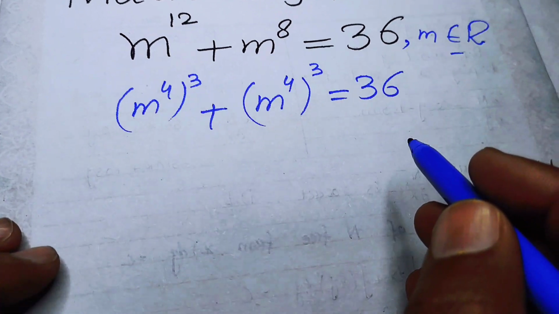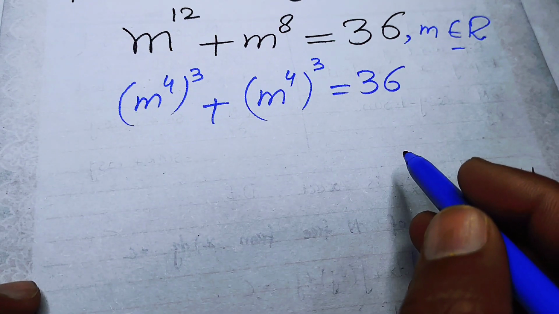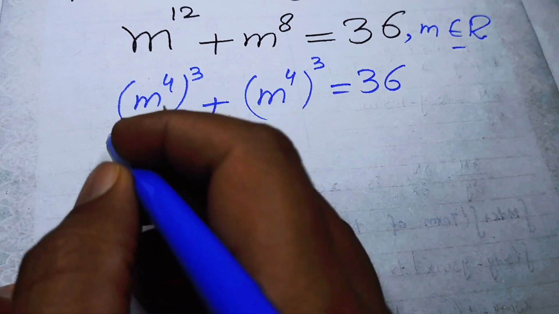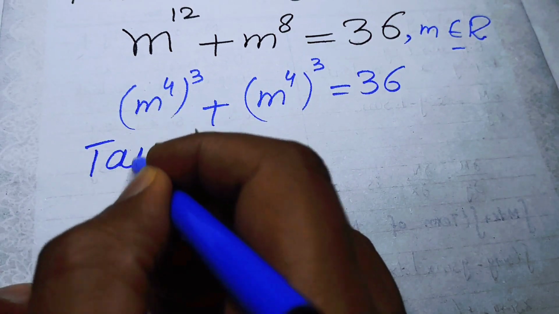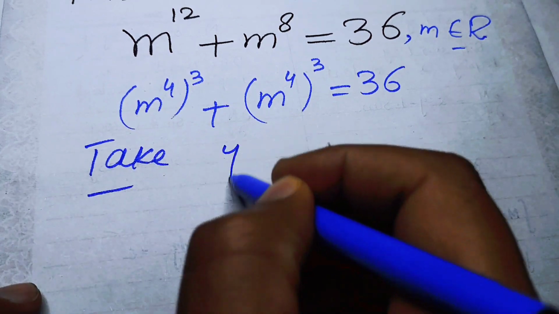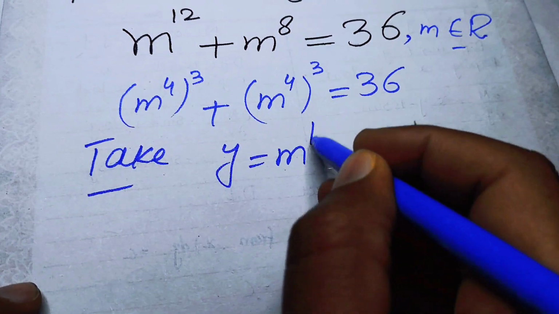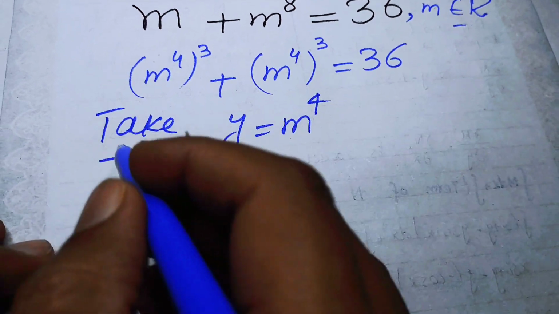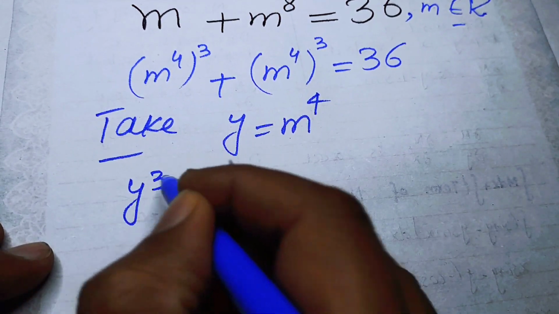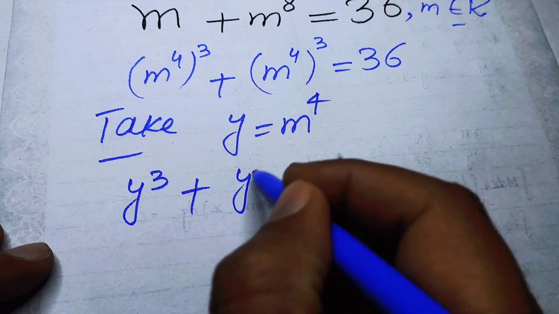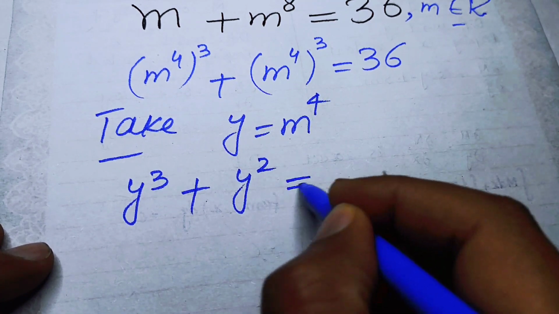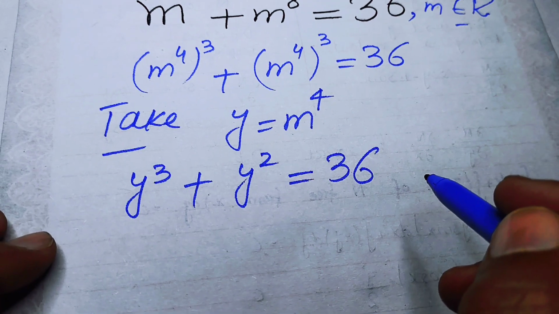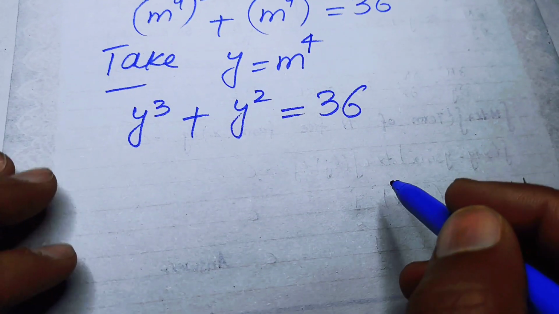After that we can write this equation in simplified form by taking y equal to m to the power of 4, so that this equation becomes y cubed plus y squared is equal to 36.